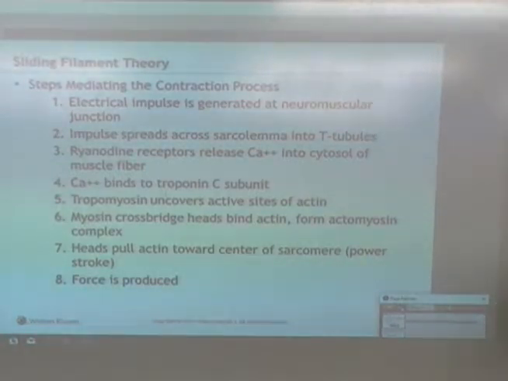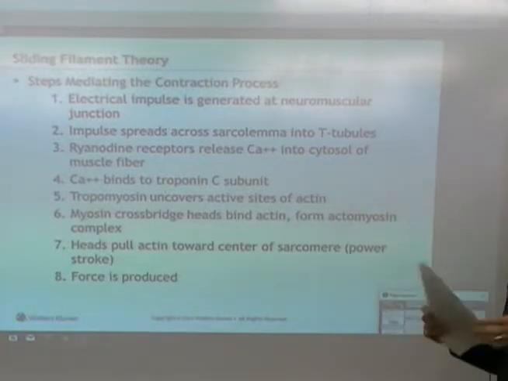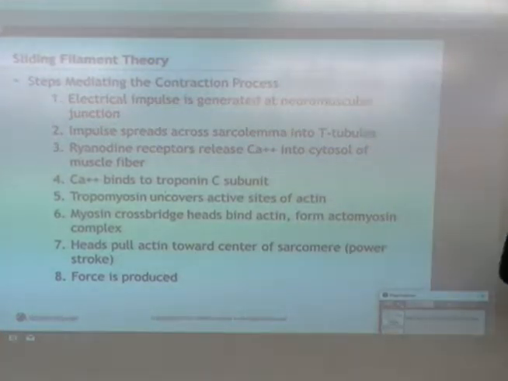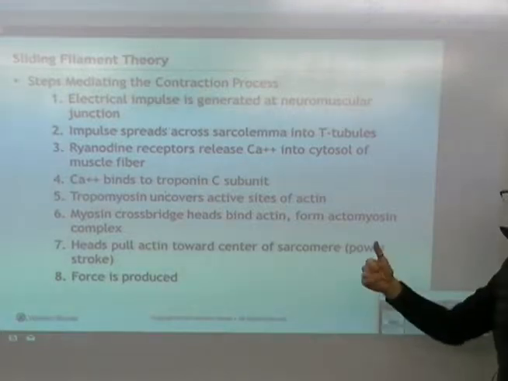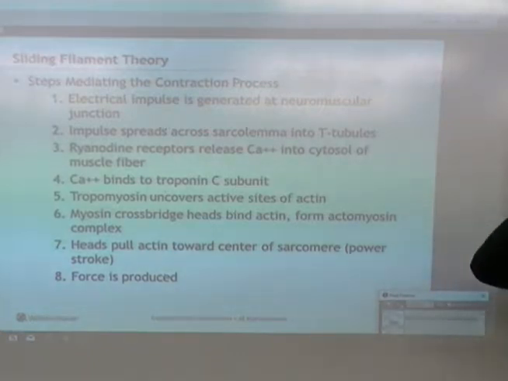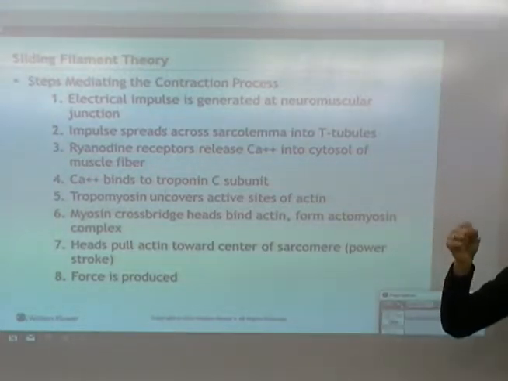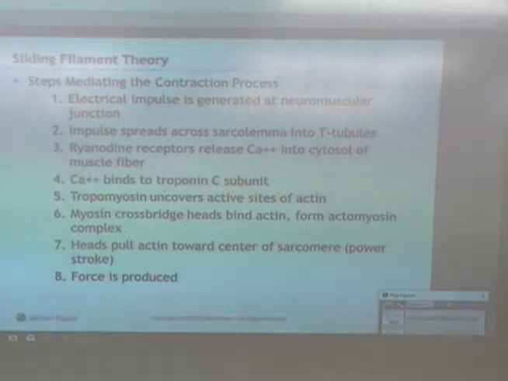So the first thing that happens is that we get a signal from the central nervous system at the neuromuscular junction, which we will talk about more when we get to chapter 5. Right? The neuromuscular junction is the point at which the nerve ending meets the sarcolemma of the muscle and transmits the signal. The signal, the impulse, the electricity, runs across the surface of the muscle, and when you look at the surface of the muscle, there are little holes.